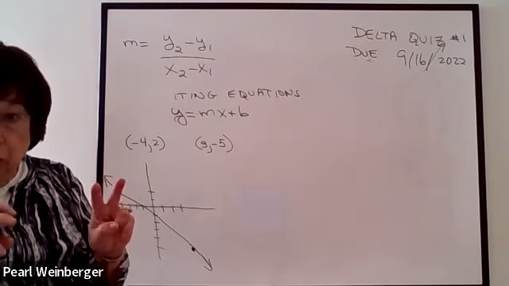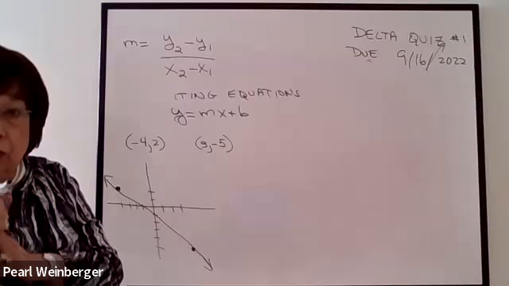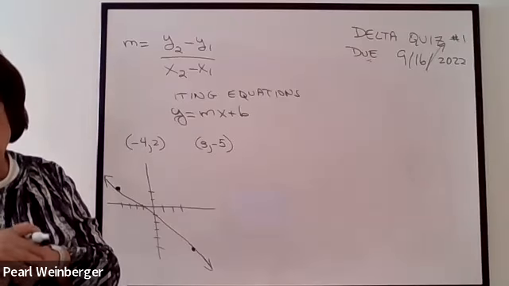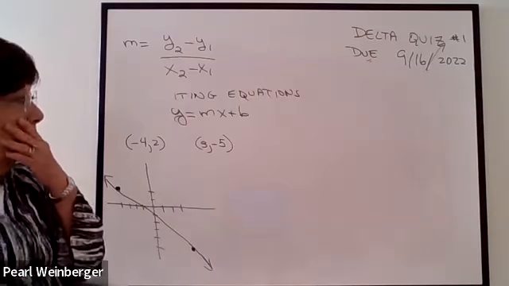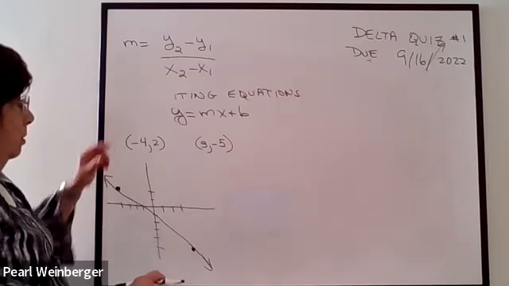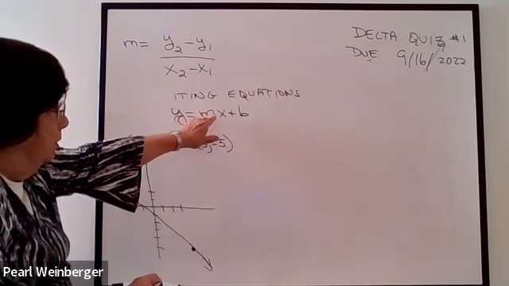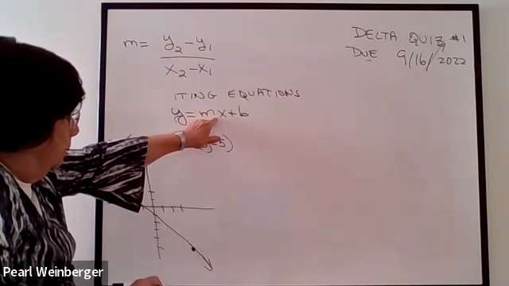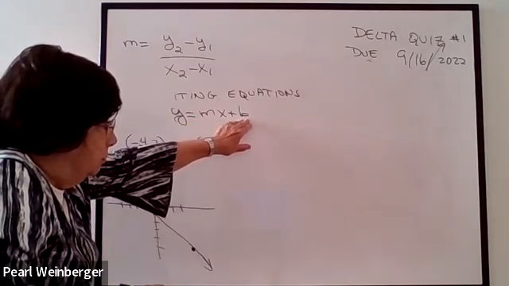Anytime we have 2 points, we should be able to draw the line, and we should be able to write the equation of the line. So how do we write the equation of the line? Well, remember what I told you. There are 2 things you have to know when you want to write the equation of the line: find the slope, and find the y-intercept.